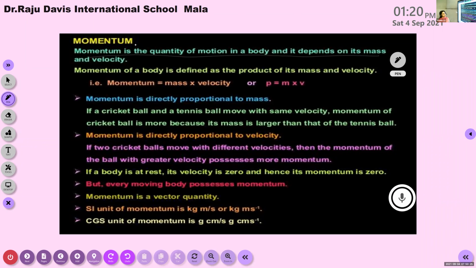Momentum is the quantity of motion in a body that depends on mass and velocity of that moving object.